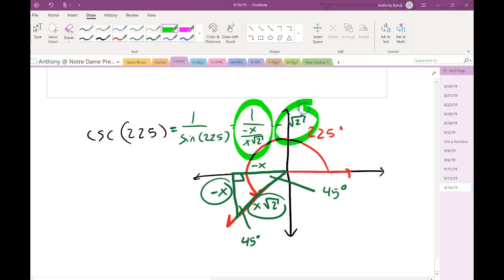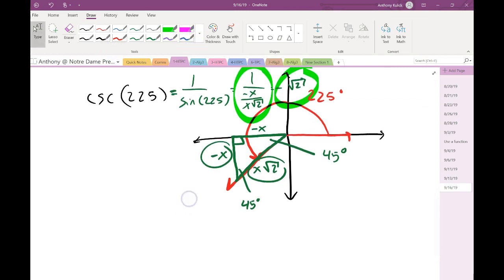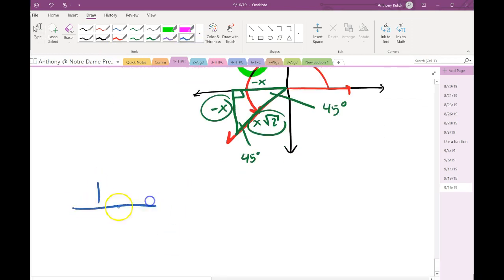Is there a question how we went from here to here? Yes. Okay. Please ask then. Okay. So first thing I'm going to do is I'm going to think about this as the multiplication of two fractions.